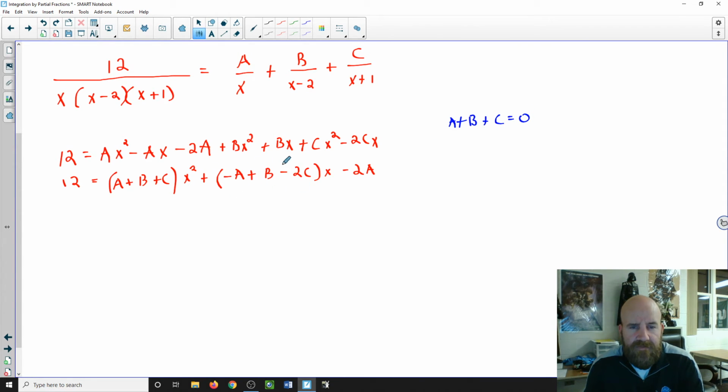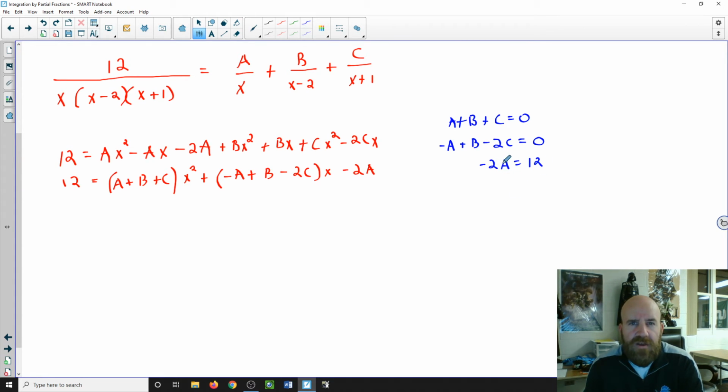Our x coefficient, there's a 0x over here, and we have this, so this is going to be set equal to 0 as well. And then our constant term gets set equal to our constant term. So negative 2a equals 12.